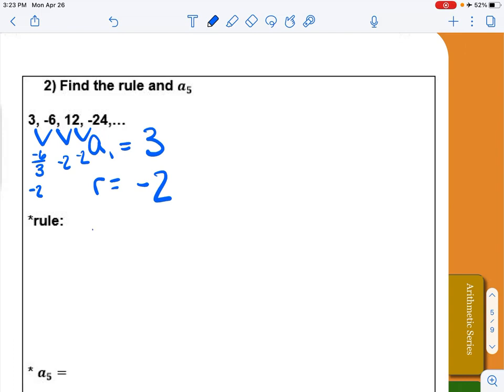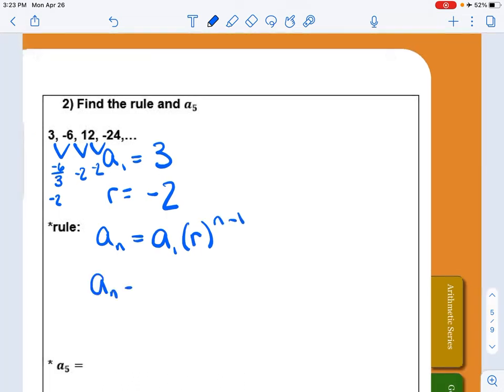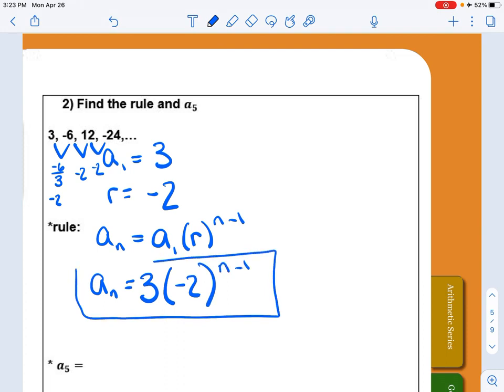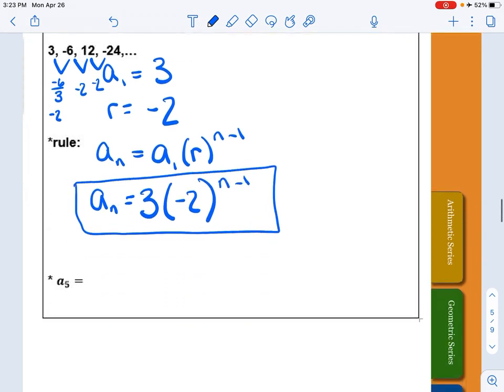Now we can use our geometric nth term formula. A sub n equals a sub 1 times r to the n minus 1. Now our rule is just as simple as going ahead and plugging in a sub 1, r, and keeping the n minus 1. But solving, when we have a negative r, can be slightly tricky.